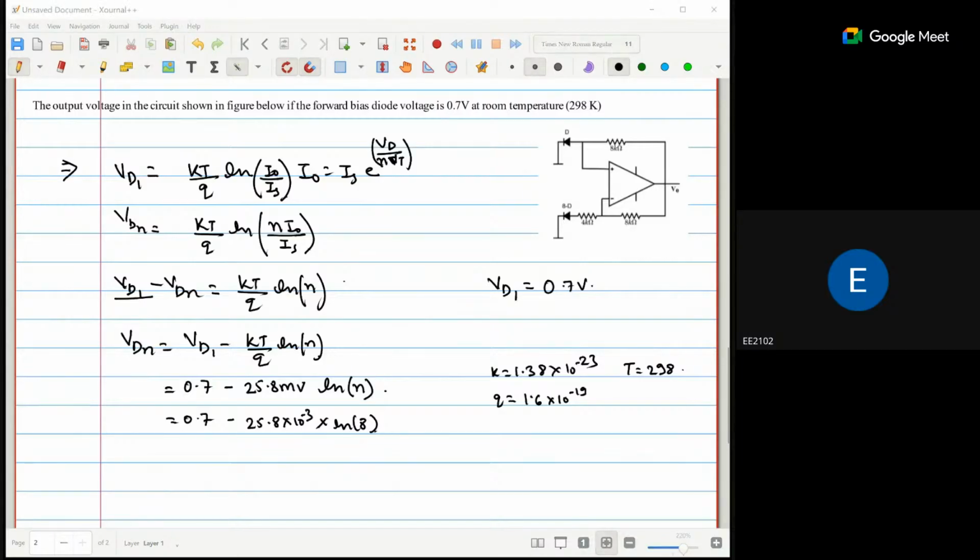If I calculate that, ln of 8 is 2.079, multiplied by 25.8, so it is 0.7 minus 0.053.